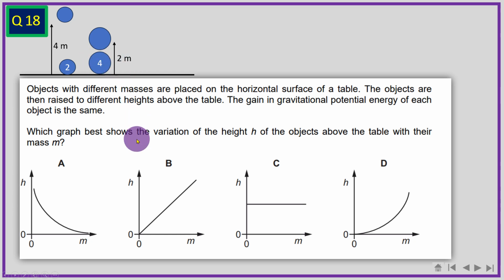When the mass doubles, the height is halved. That is an inverse kind of relationship, and that is where the answer is A. You can say that when the mass is doubled, the height through which it is raised is halved if the gravitational potential energy is to remain the same. Let's go to question 19.